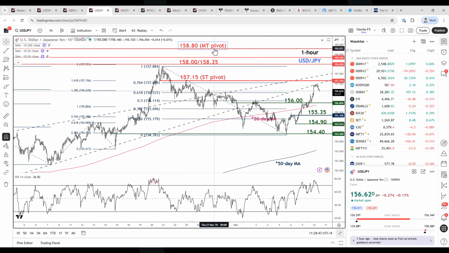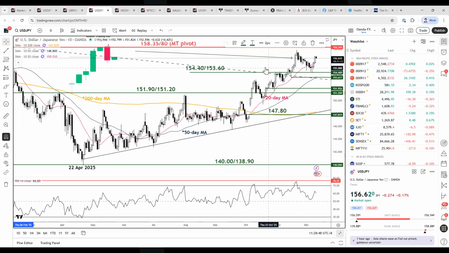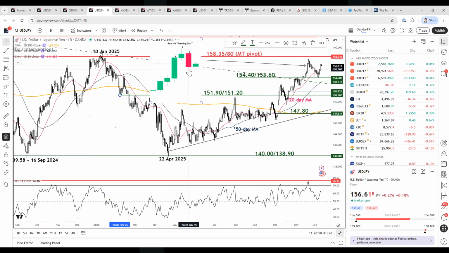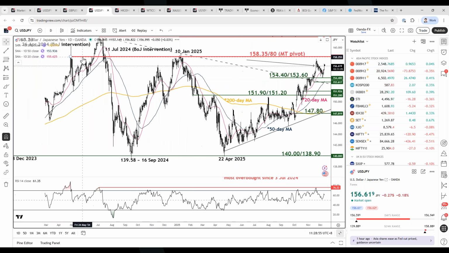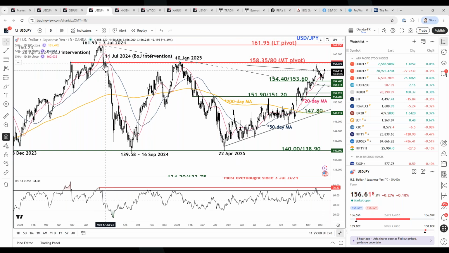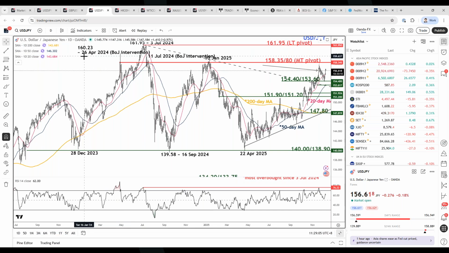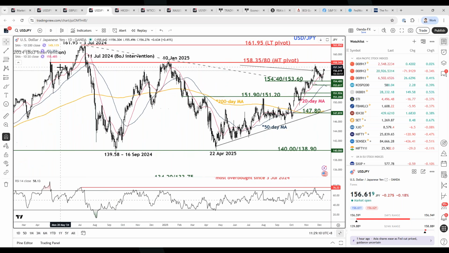And this 158.80 is very crucial. Why? Because this 158.80 previously managed to see induction of the intervention that has taken shape on 2 occasions, on the 11th of July 2024 at around this 158.80 level, and also on the 26th of April 2024 around the 158.80 level, where MOF, the Ministry of Finance, instructed BOJ to intervene in the FX market by selling dollar and buying up the yen in these 2 instances.